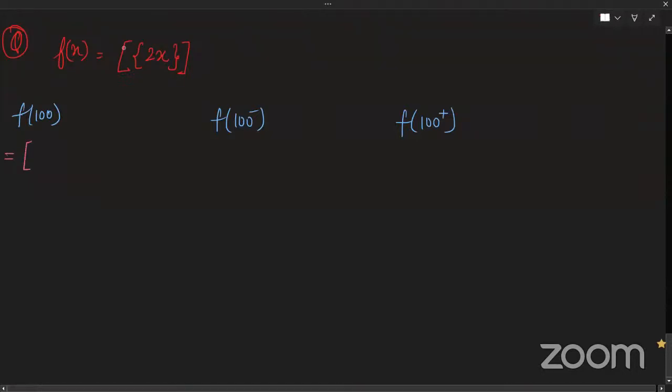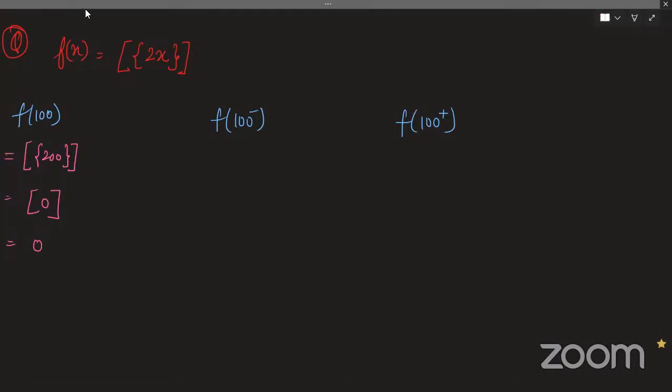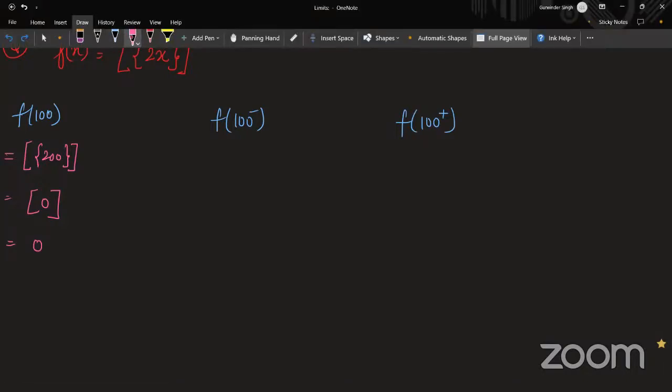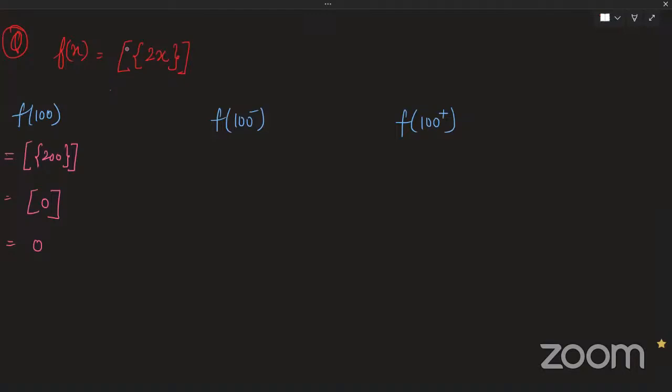So the first part will be really simple, right? You need to take greatest integer function of 200. What is this equal to? 0, sir. Yes, it is greatest integer function of 0, which is 0. See, in the first case, you need to do nothing.